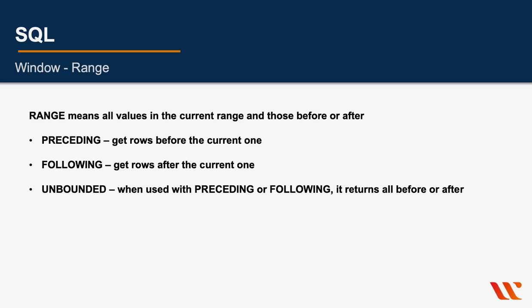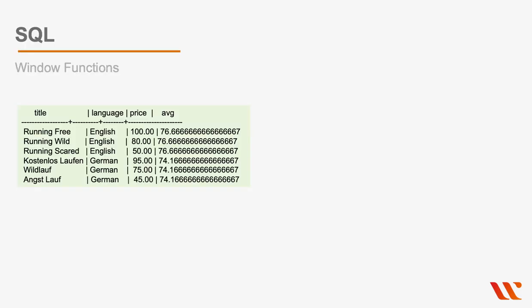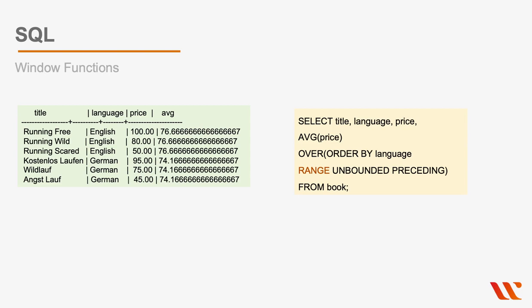So the range frame extent supports UNBOUNDED PRECEDING, UNBOUNDED FOLLOWING, and CURRENT ROW as delimiters. So as we can see here, this is using range. So here we're doing a SELECT title, language, price, and then AVG(price) OVER (ORDER BY language RANGE UNBOUNDED PRECEDING) FROM book.